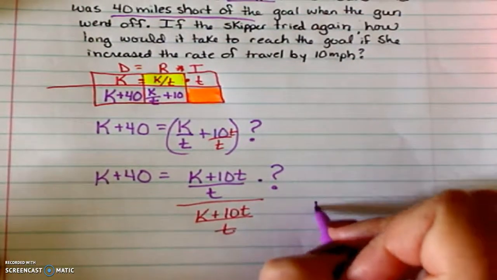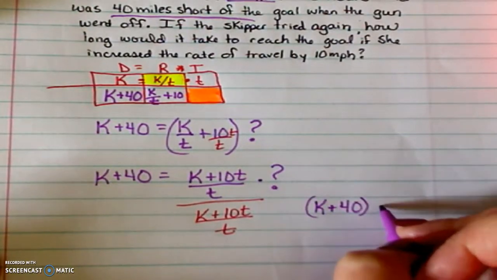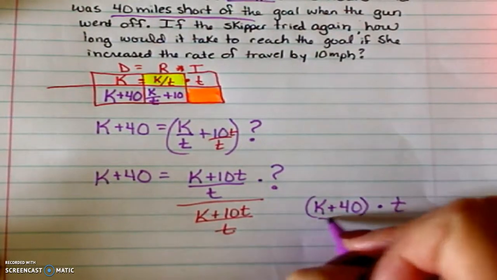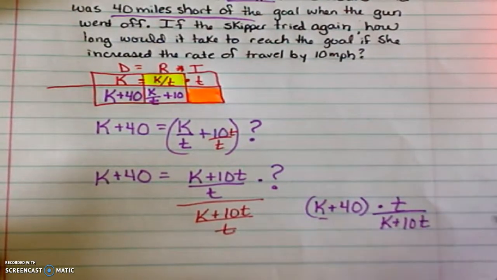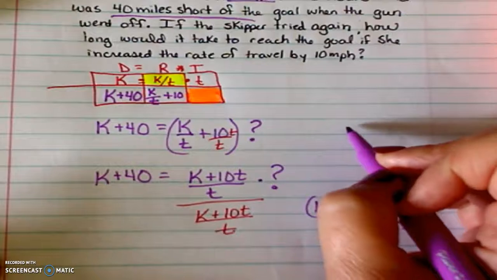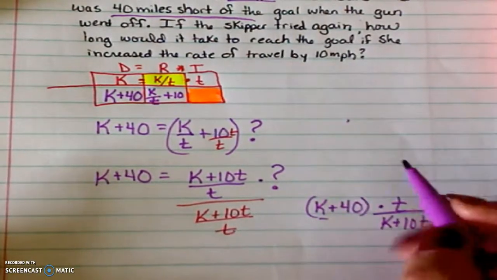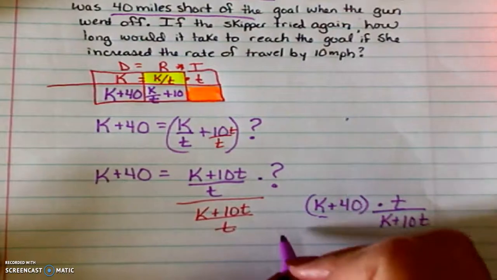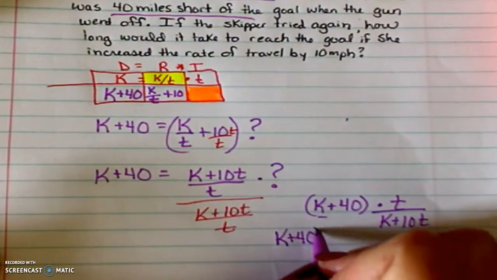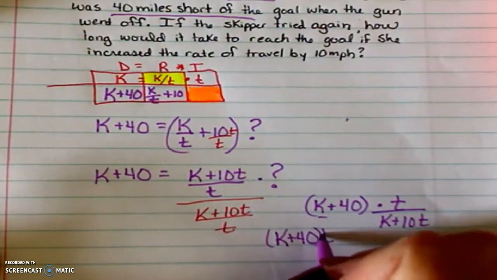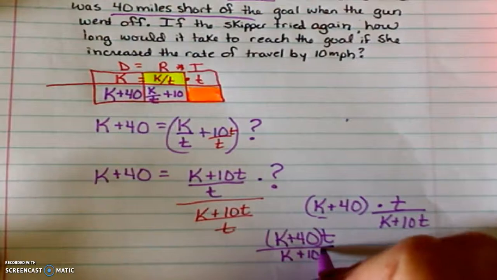You multiply by the reciprocal. So I'm taking K plus 40, and I am going to multiply that by T over K plus 10T. So the time that it's going to take me is just going to be the product of those two. So it's going to be K plus 40 times T over K plus 10T.